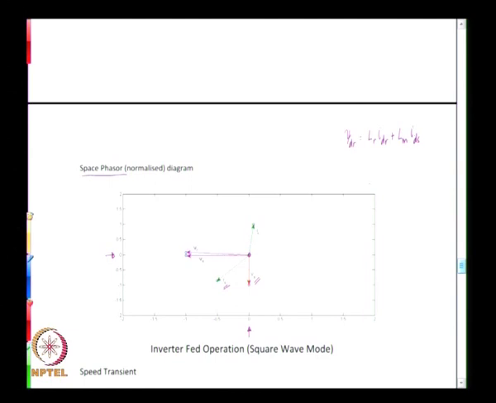Then psi dr plus j times psi qr is the flux phasor for the rotor, and similarly one can define a flux linkage for the stator as well, and these are the two flux vectors.